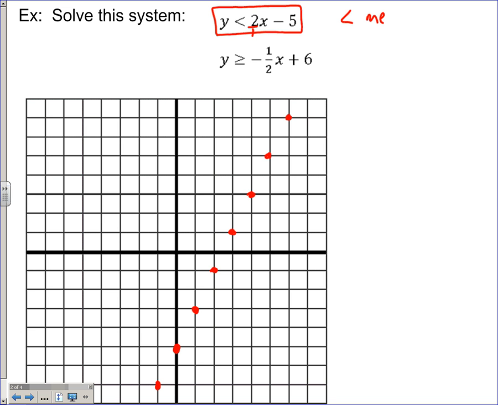Less than means a dotted line, and less than means shade below. So I'm going to have a dotted line if I connect this, like so. And I'm going to shade below.